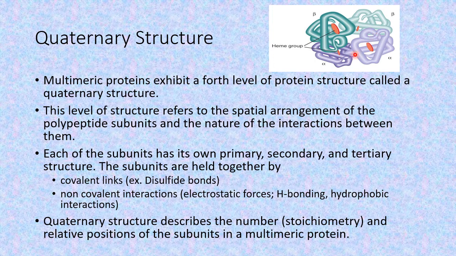Now, what about a multimeric protein? Like here, the example is hemoglobin, which comprises four different polypeptides, two alpha chains and two beta chains.